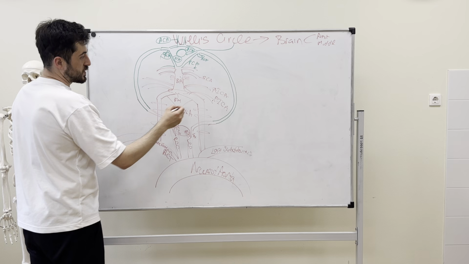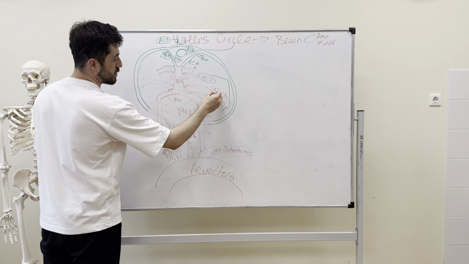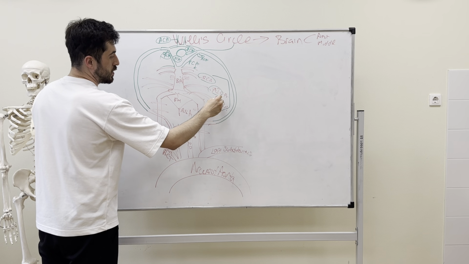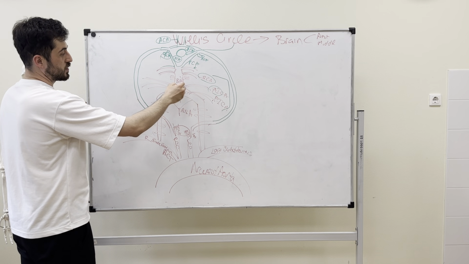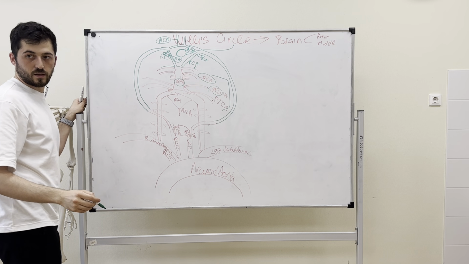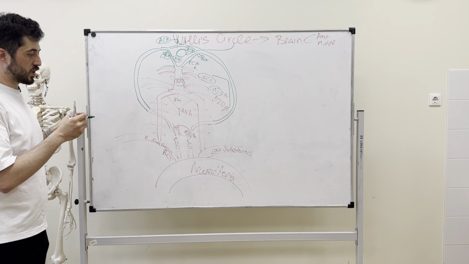Then we have some blood supply to the cerebellum: superior cerebellar, anterior inferior, posterior inferior cerebellar, and the basilar artery. Is it clear? That was the whole formation of the circle of Willis in the brain.